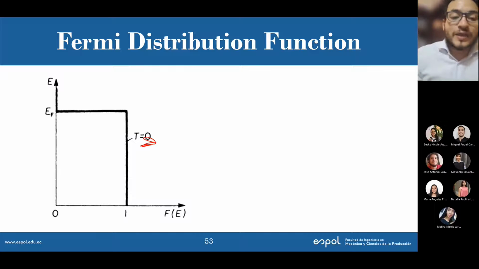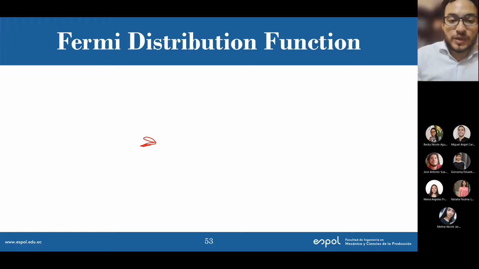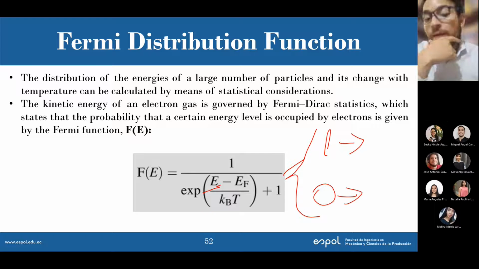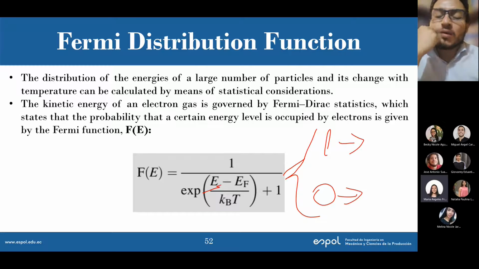For T equals 0, what happens when T equals 0? The Fermi function would be 1 divided by 2.